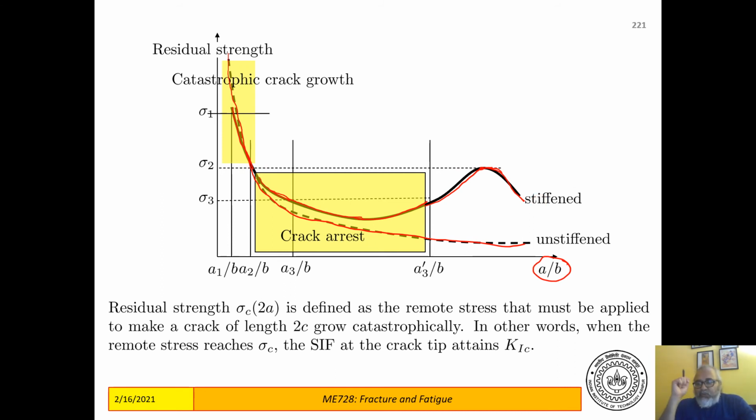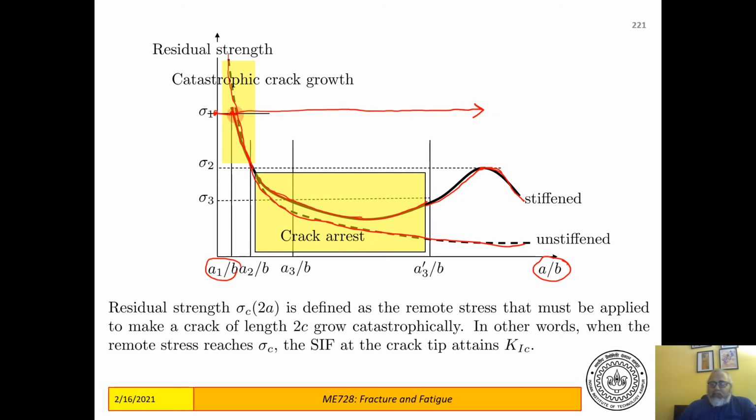Now this has consequences. If the crack is very small, so this is a small crack, and this is your residual strength, sigma 1, then if you reach this residual strength and try to increase it, your crack length will increase catastrophically, because there's no part of the curve in here.